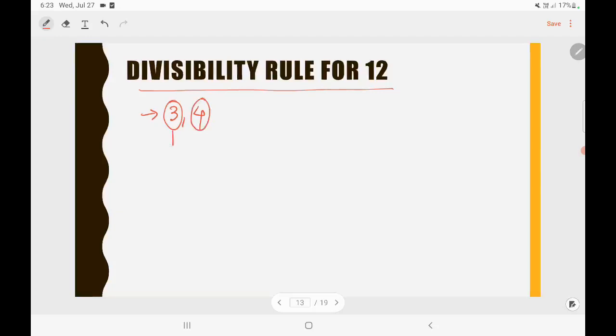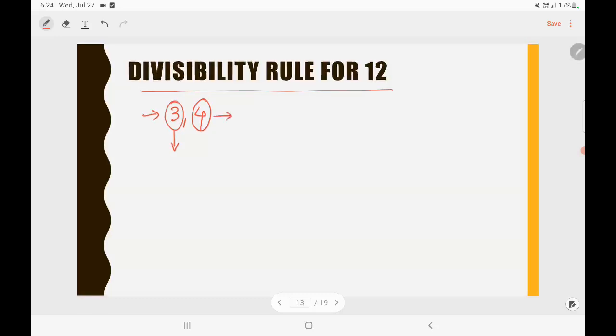So if a number is divisible by both 3 and 4, then it is divisible by 12.